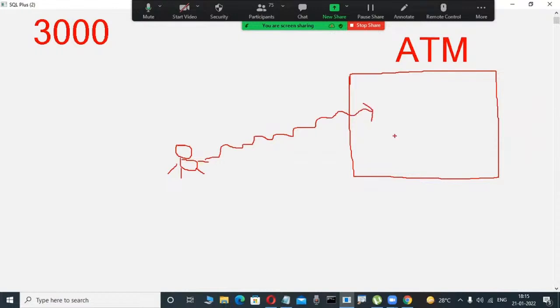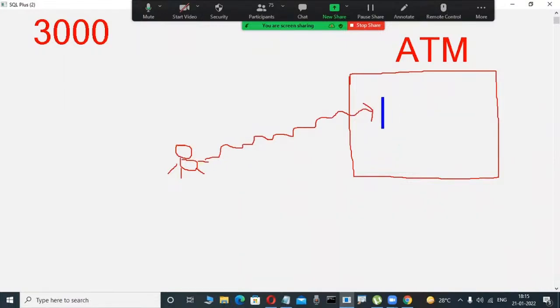I insert my ATM card, and it asks for a PIN number. For example, I'm not checking the balance, but my balance is 3000 rupees presently in my account. Now I decided to withdraw some amount.